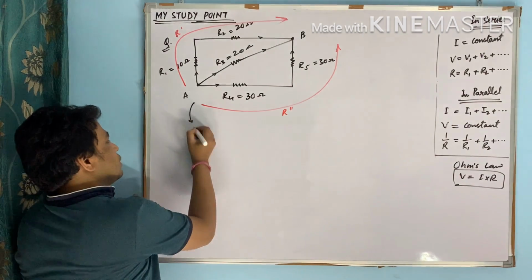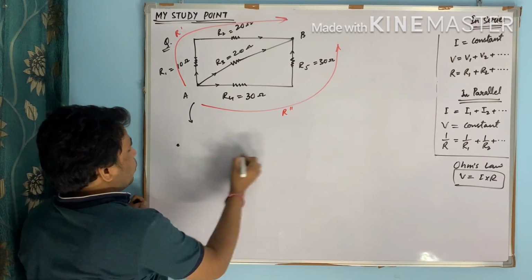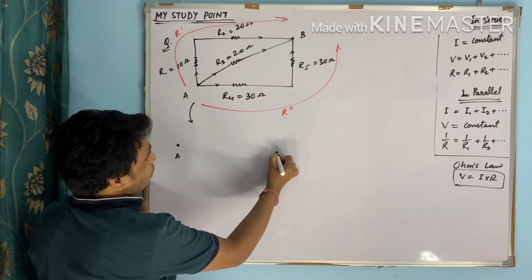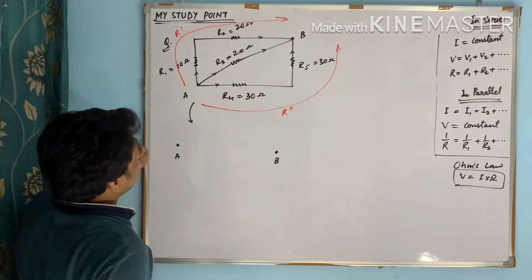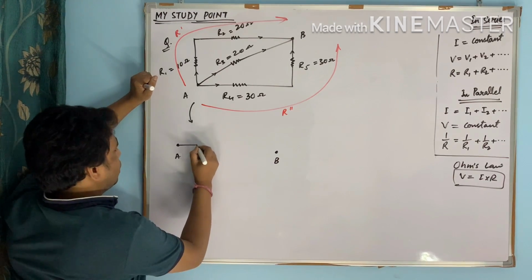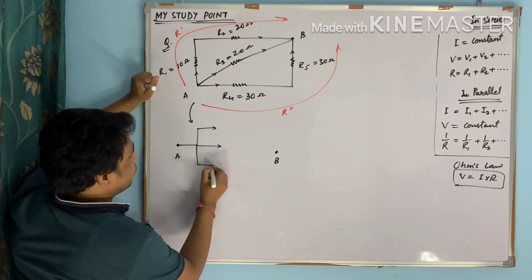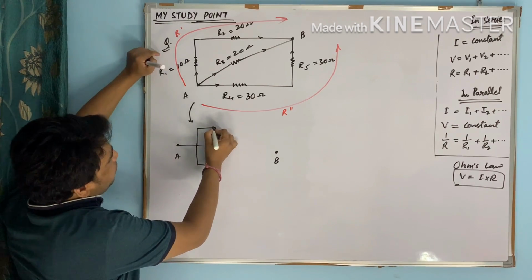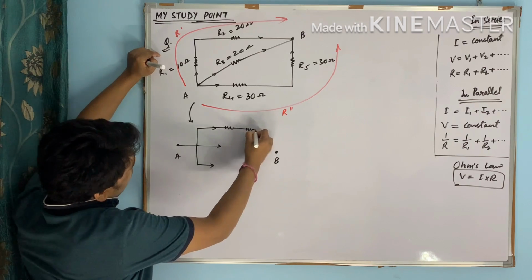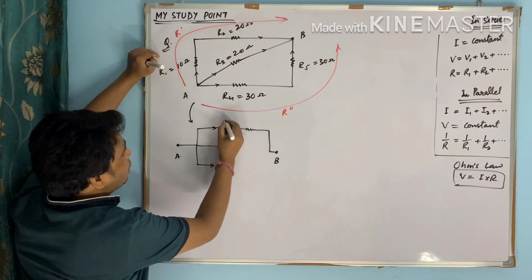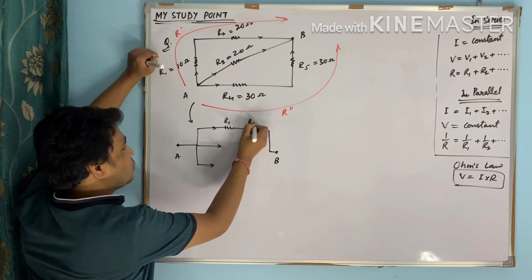So if we redraw this diagram in this pattern, we have to go from point A to point B. So there are three ways: upper, middle path and lower path. If you go from upper path, there are two resistors R1 and R2. This one is R1, this one is R2.